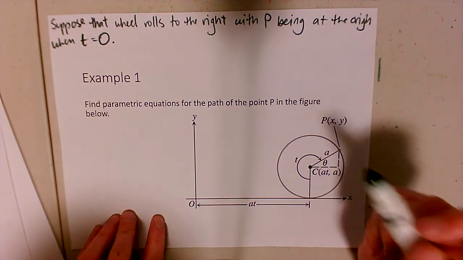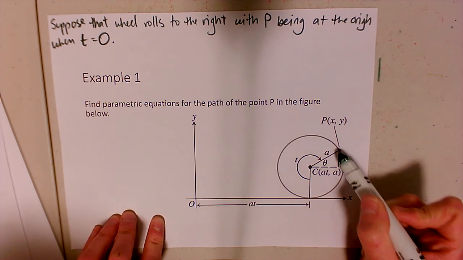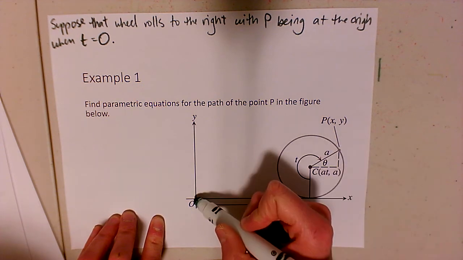So at the very beginning of our problem, if we roll the wheel backwards, point P is over here at the origin.